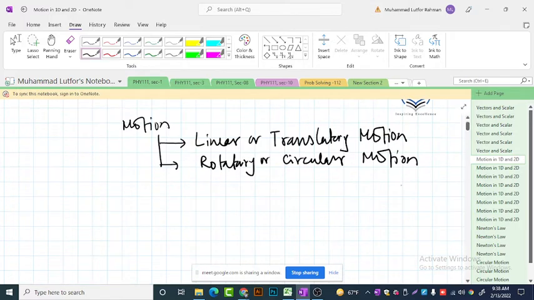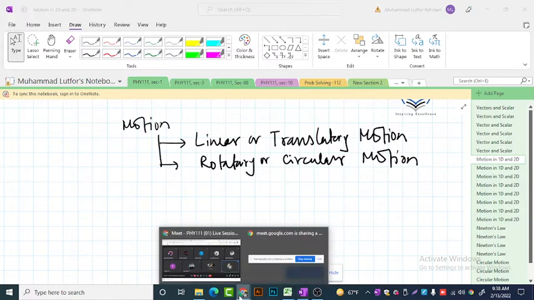Linear motion is basically when the particle or the system is moving in a straight line. So mostly we are going to talk about the mathematical description of the particle.